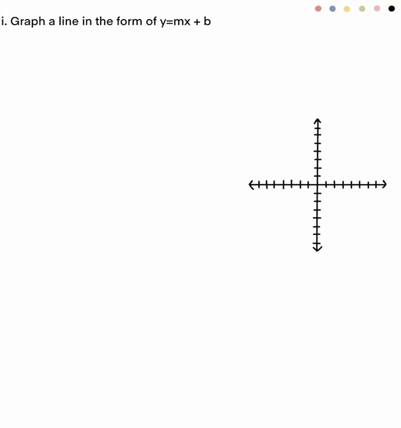Before we can graph a line in the form of y equals mx plus b, we need to understand what values these variables hold. So if we have y equals mx plus b, what does that mean? Well, m is our slope.